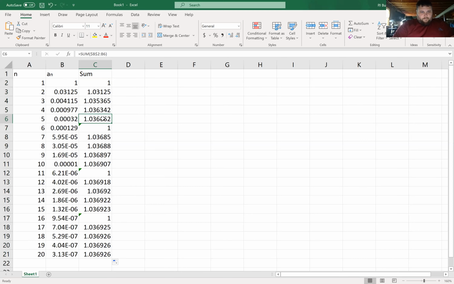Nope. Not sure why it doesn't want to keep my running sum for me. Just give me a second here to calculate them. That looks right. That looks right. And for some reason, it just wants to start over.